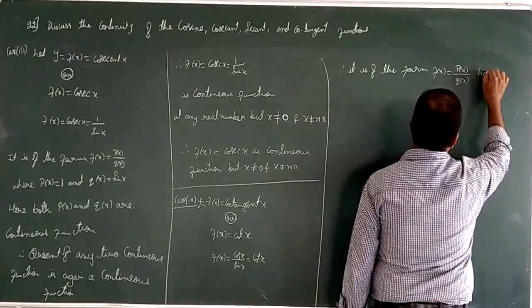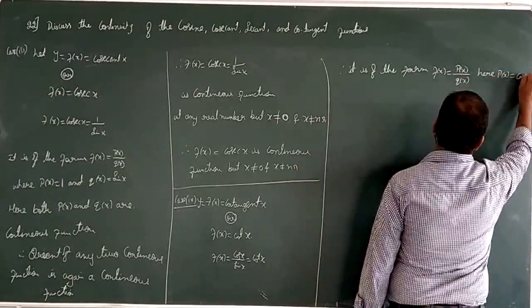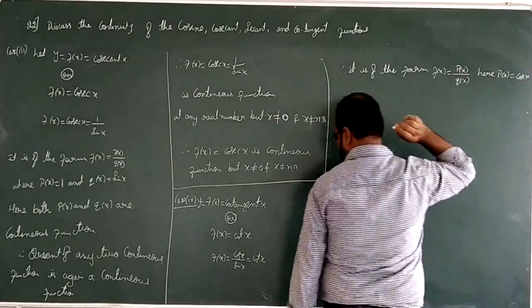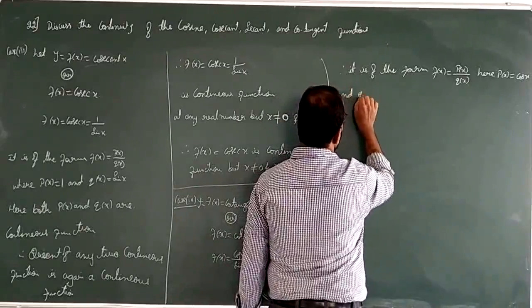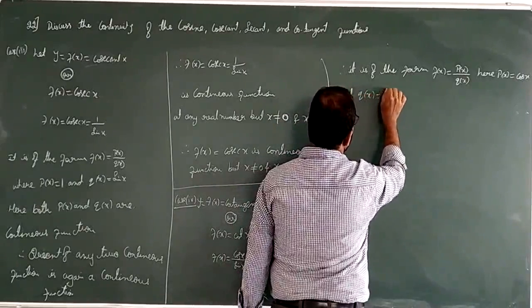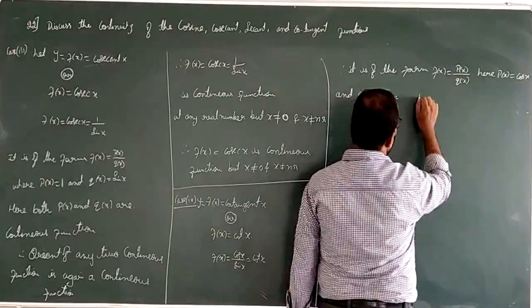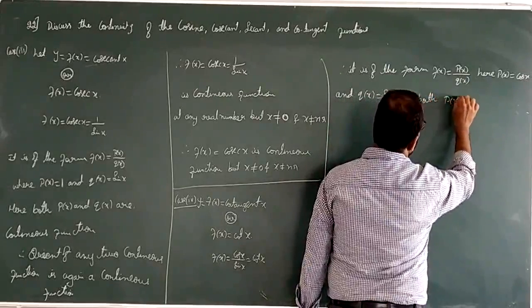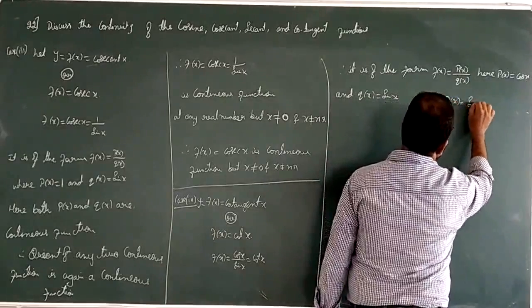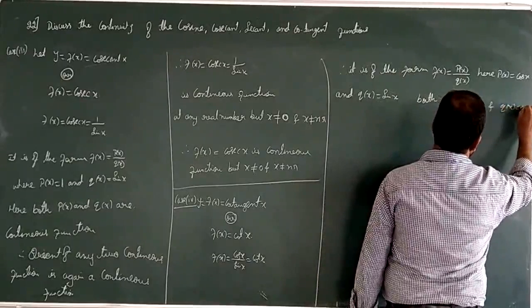Here p of x is equal to cos x, and q of x is equal to sin x. Both p of x and q of x are continuous functions.